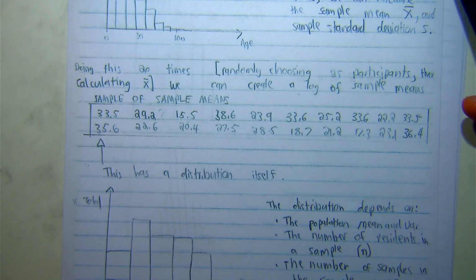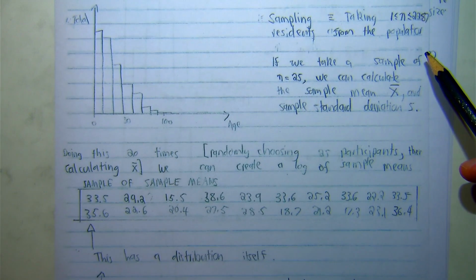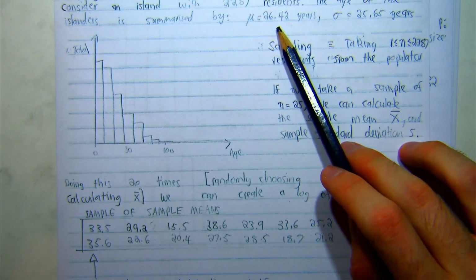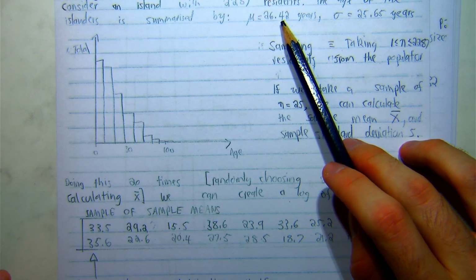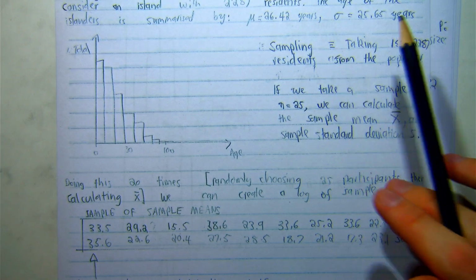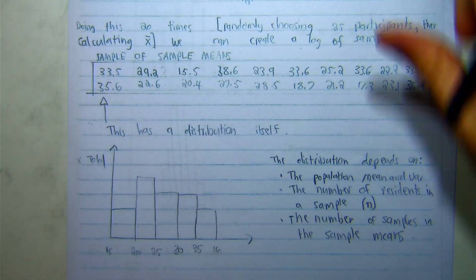Like if you took a sample with 2,287 people, then you'd always have the exact same mean, which is 26.42. And so how many people you take per sample will also quite heavily affect what this distribution looks like.